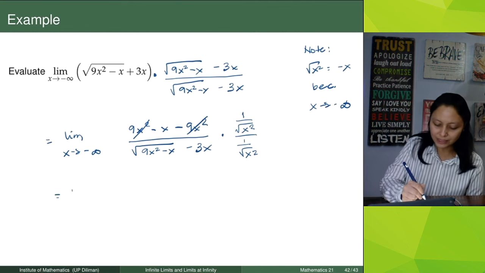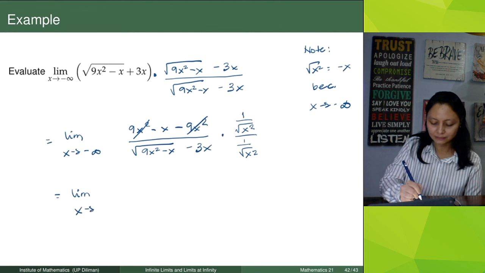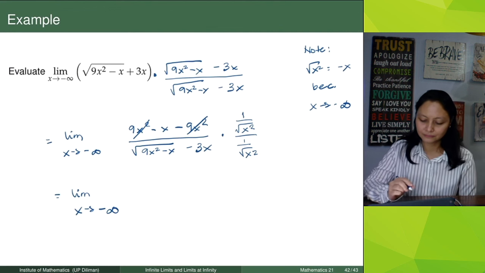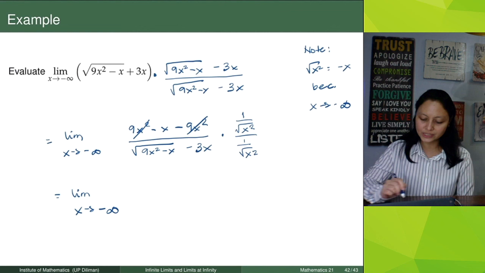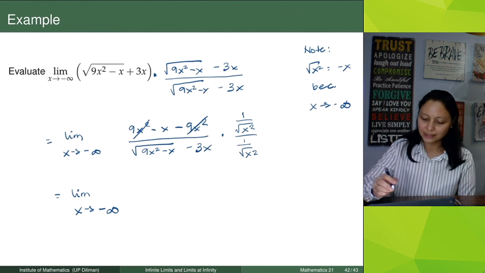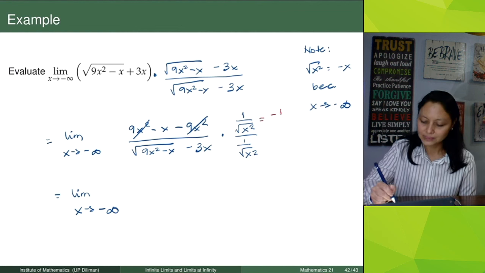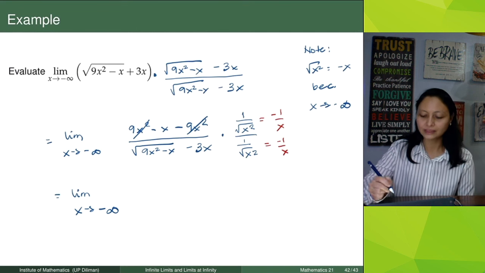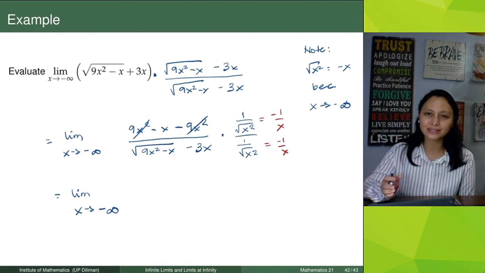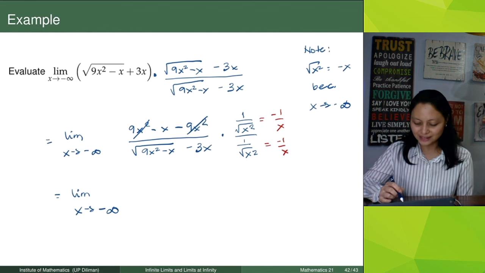So we can now write this: the 1 over the square root of x squared is negative 1 over x. Negative 1 over x is what we use for the terms outside the radical sign.